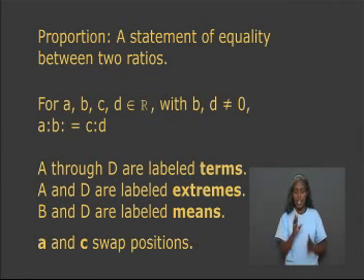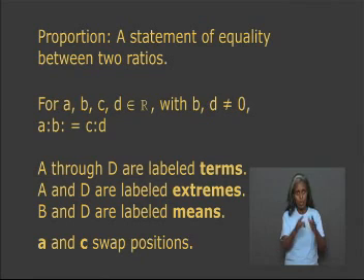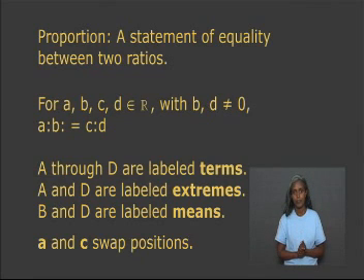For the real numbers A, B, C, and D, when neither B nor D equal 0, one way of denoting a proportion is like this: A ratio B is equal to C ratio D. In a proportion like this one, the four numbers are called the terms of the proportion.